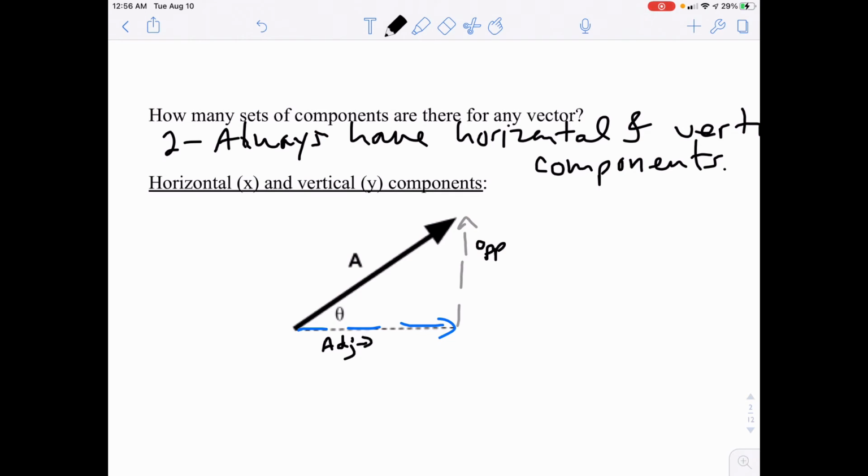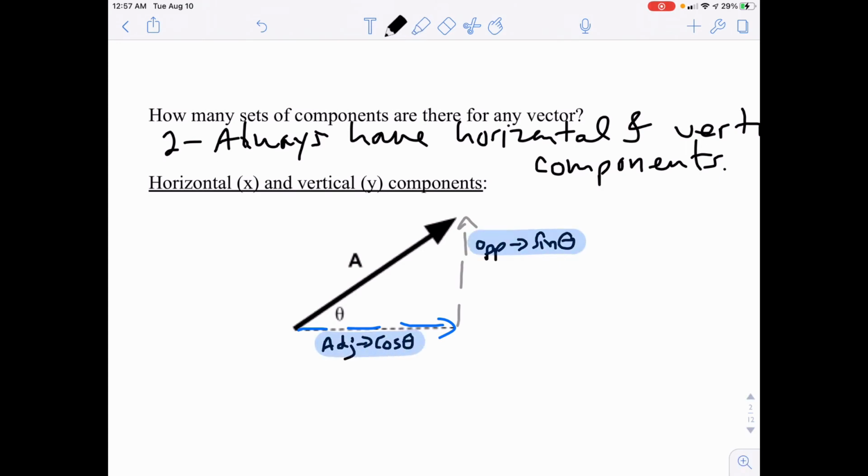The gray side is the opposite side of the triangle. Adjacent always goes with the cosine of the angle. Opposite always goes with the sine of the angle. So adjacent goes with cosine of the angle theta, and opposite goes with sine of the angle theta. 100% of the time, this is true.